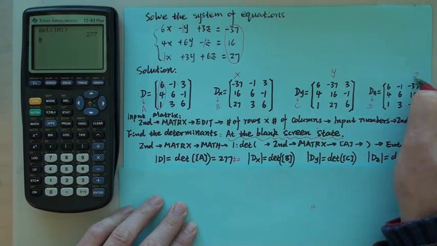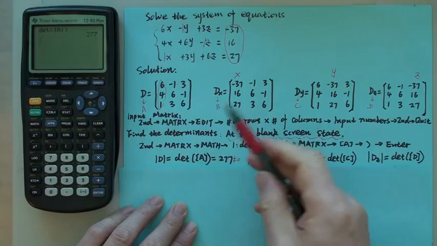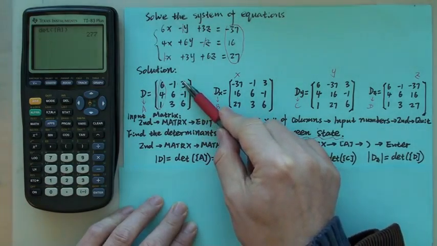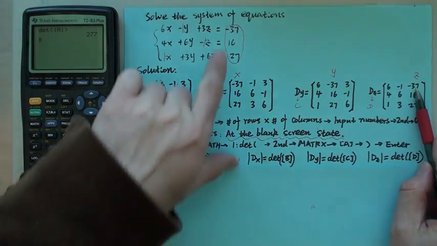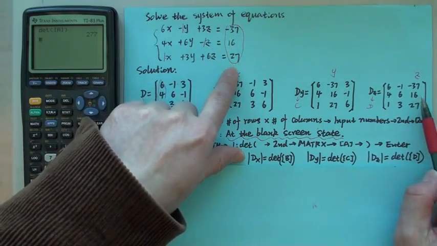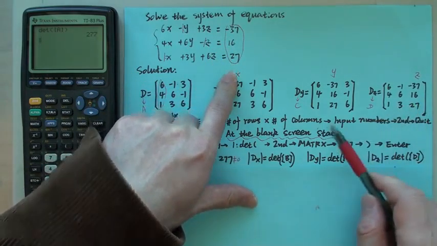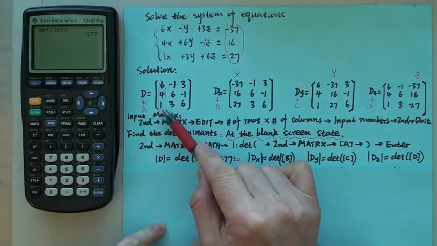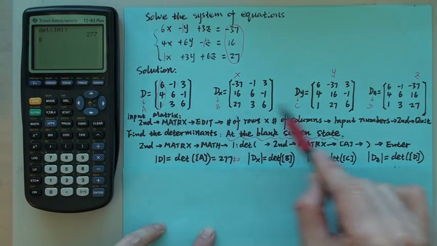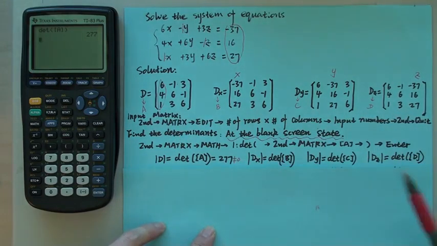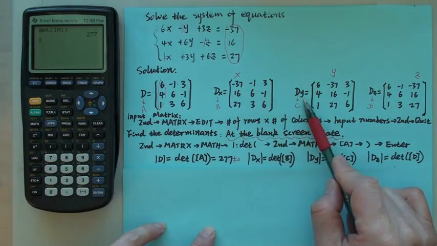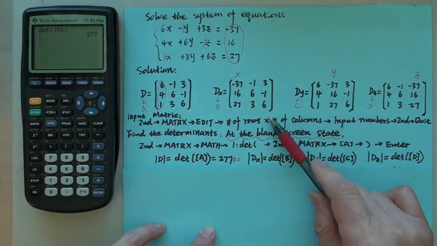Here is z, so you replace the last column with negative 37, 16, and 27. Again, the other two columns are not changed. So you got D sub x, D sub y, D sub z.